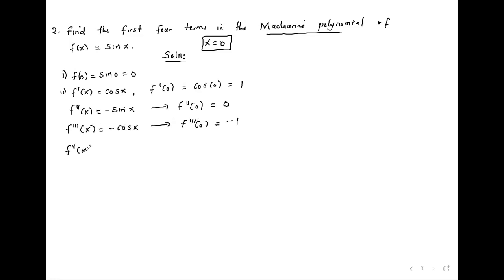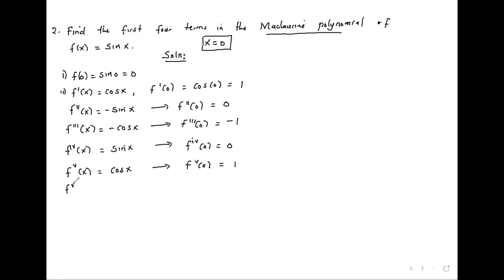The fourth, we'll get positive sine x, so the fourth will give us 0. Then the fifth, it's now like you have restarted. That is cos x, so I'll get f5 of 0 is 1. That is the third term.